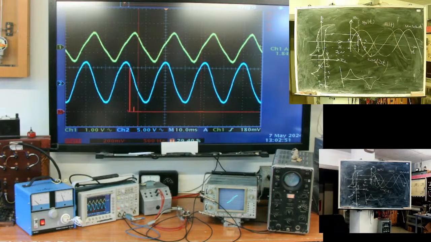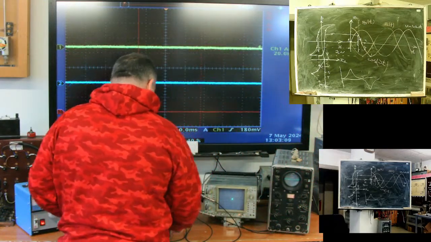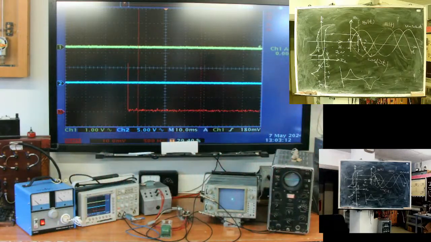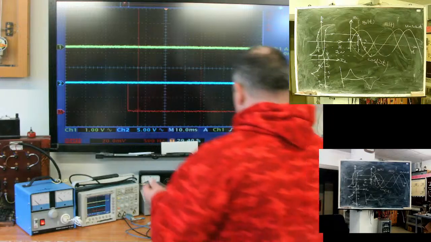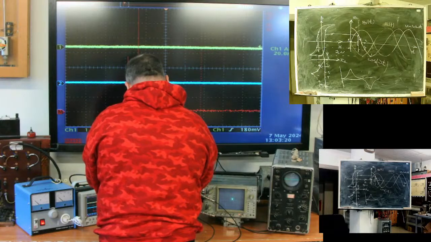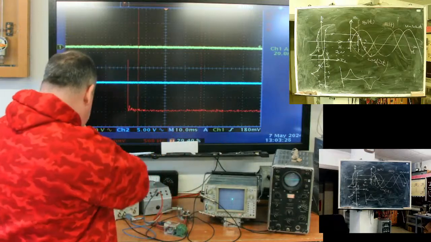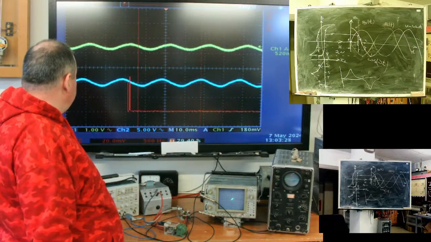I made this a resonance circuit for 150 Hertz. It will increase resistance at the third harmonic frequency approximately 4 times. Let's try. Okay, let's do it.